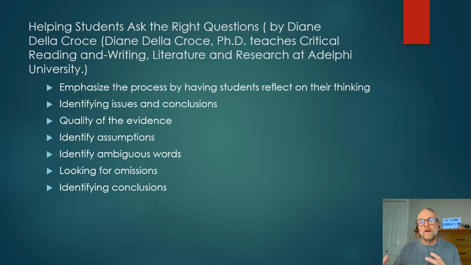So you should use a different set of data and a comparison chart and look at that and critically evaluate the data, and so the students will get the right kind of ideas about what questions to ask. And she said you should emphasize the process of having students reflect on their thinking.